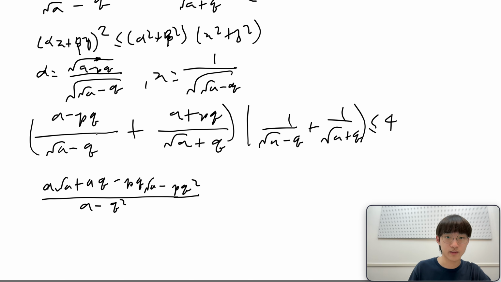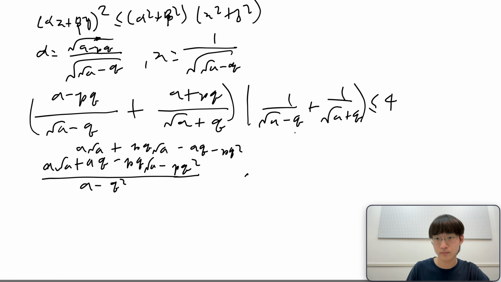And here, a root a plus pq root a minus aq minus pq squared times, and this thing is straightforward, a minus q squared, 2 root a is less than or equal to 4.